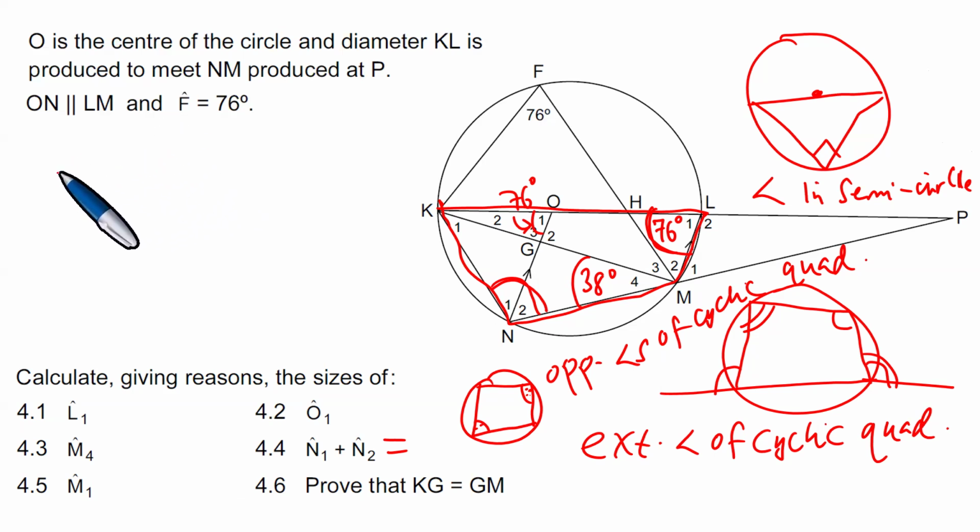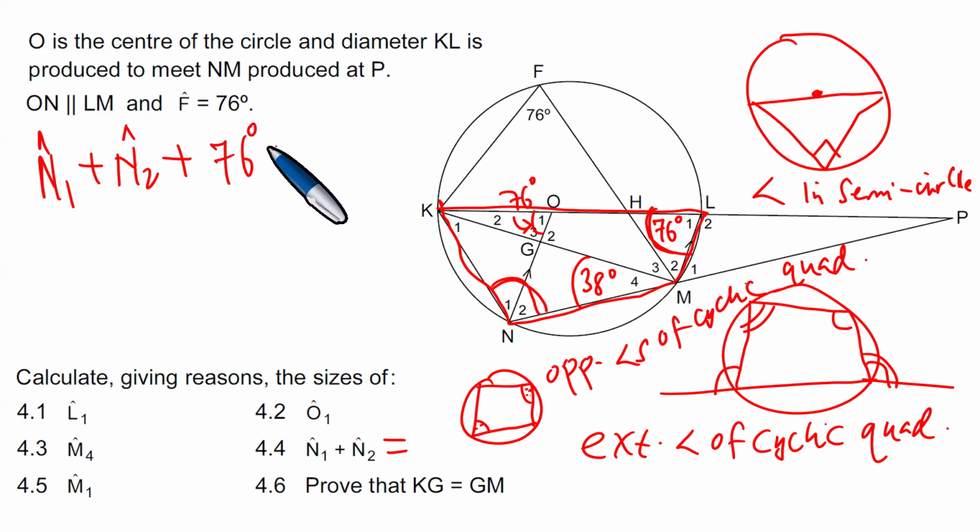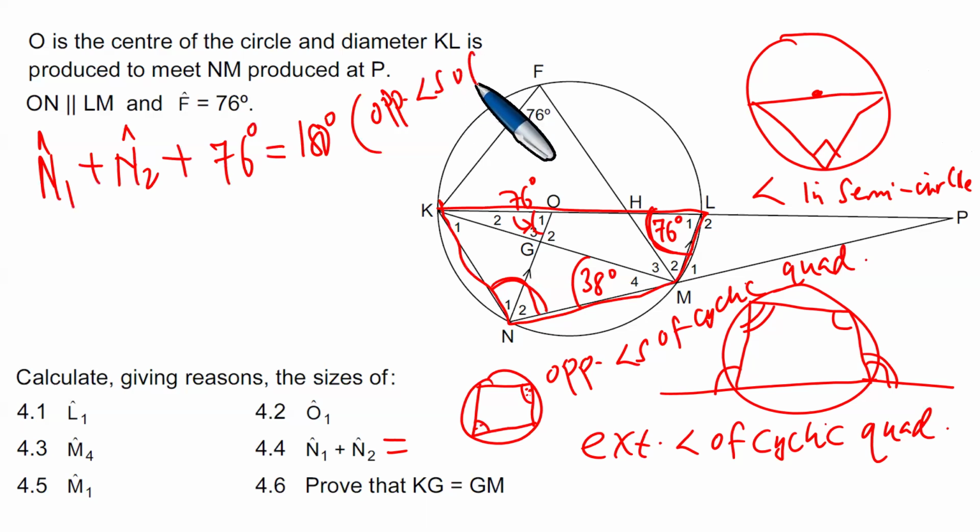So in other words, we know that the angle N1 plus the angle N2, added to the opposite angle 76 degrees, must be 180 degrees. Why is it that this plus this is 180 degrees? Because of the opposite angles of a cyclic quad.